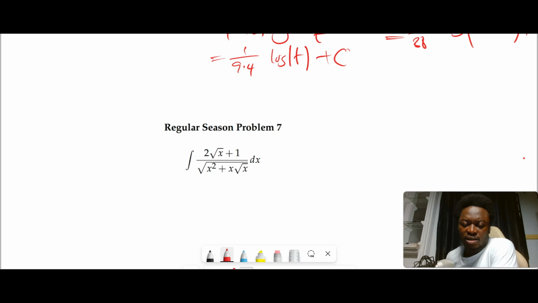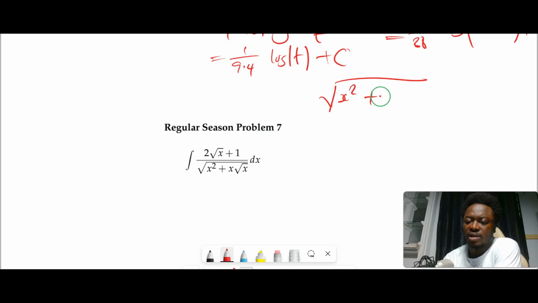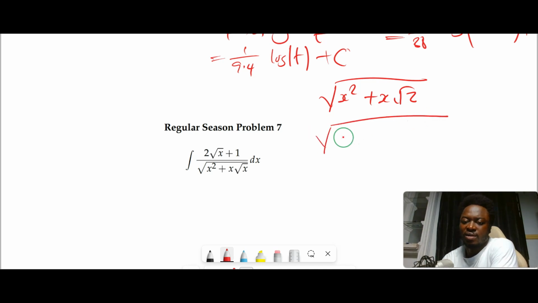We can factor out x, right? Yes, we can factor out x at the bottom. So we have square root of x squared plus x square root 2. So you can factor out x, so you have square root of x times x plus square root of x. And what is the connection between this and the top?